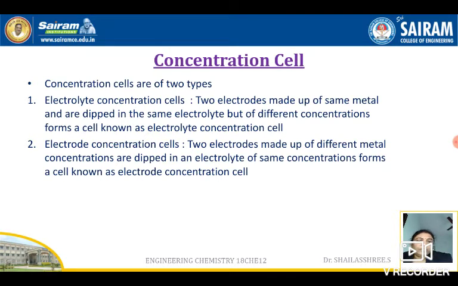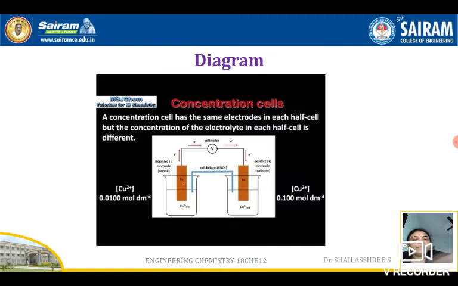I think you understood. They are made up of different compositions of the metals and dipped in an electrolyte solution of the same concentration, which forms a cell known as an electrode concentration cell. In our syllabus we have the electrolyte concentration cell.